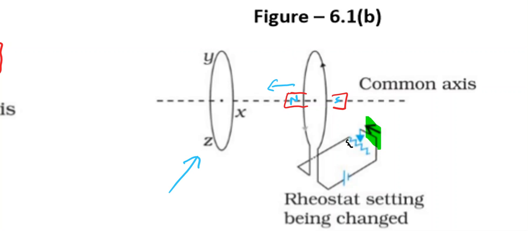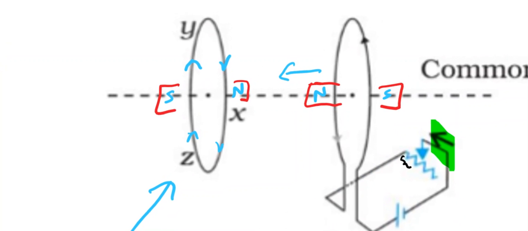So the condition is north is approaching. How to oppose the change? To oppose the change, this XYZ coil must have induced north pole on the right side and induced south pole on the left side. So how to produce it? Only if the current is in this way. It is very difficult to visualize in 2D.